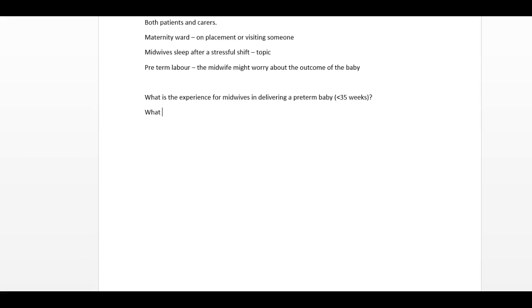Here's another question we might get from this. What sleep effects do midwives, we might need an I in there, encounter after a stressful shift?